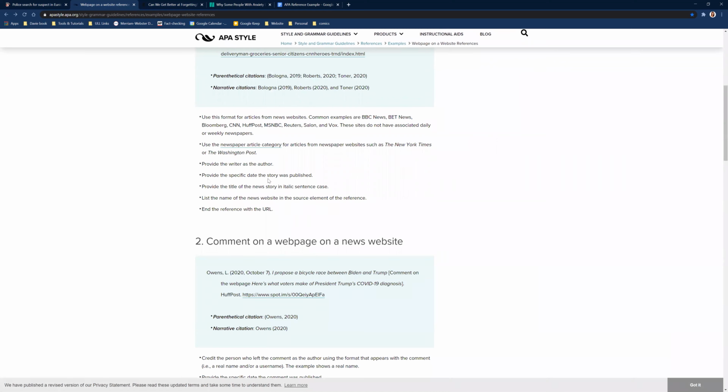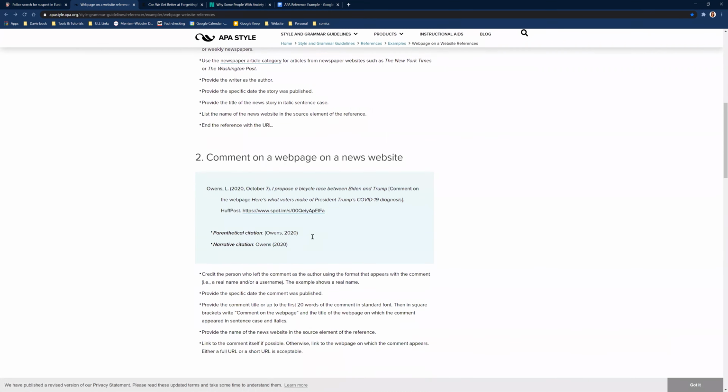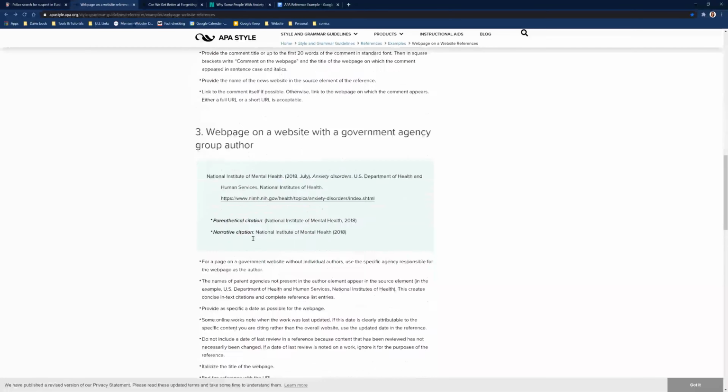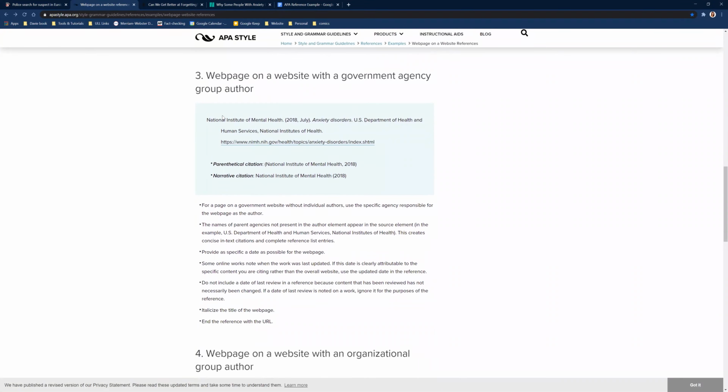Now, for other sites, government agencies, this is something you'll have to go through them and look at them. Now, let's see this one.